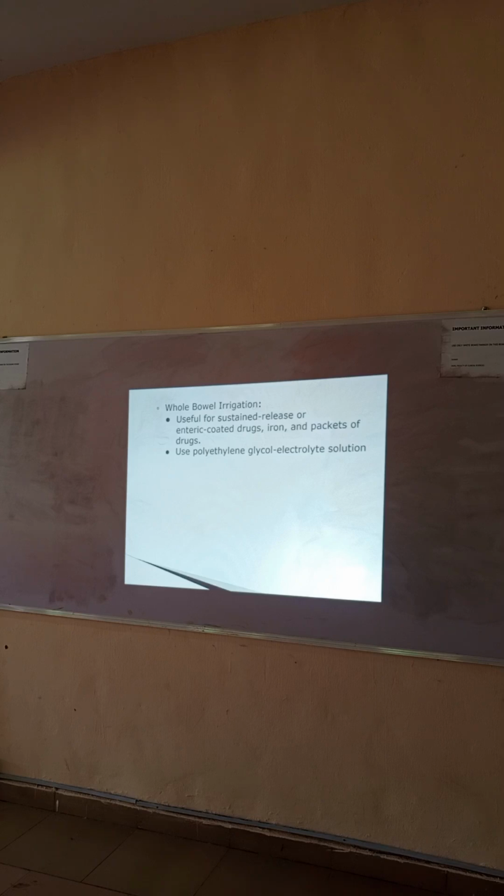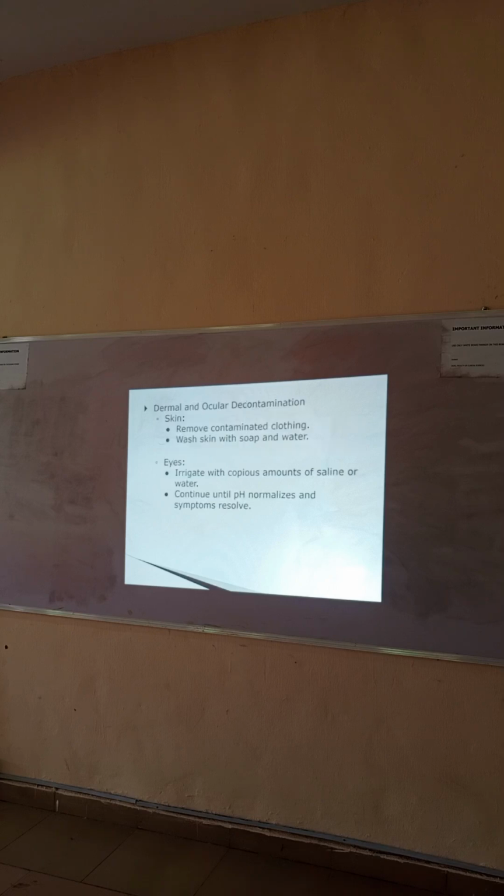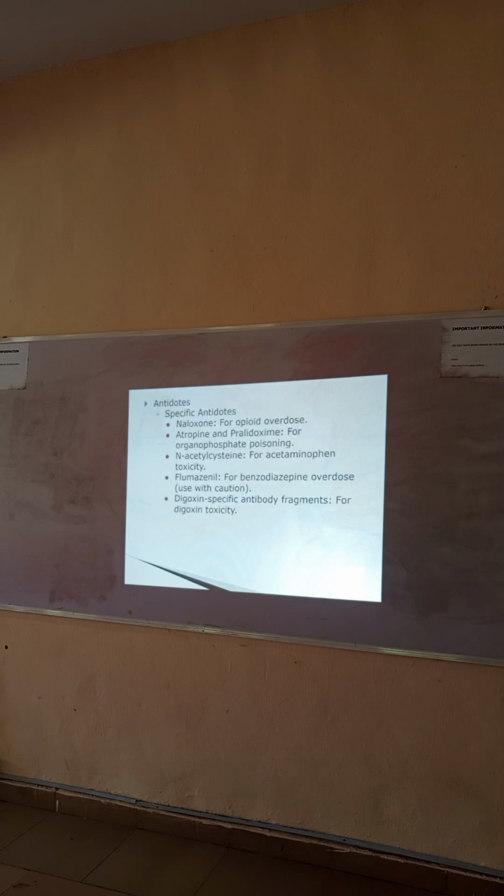So this helps in that. Dermal and ocular decontamination. The toxin can be present in the skin, and can be present in the eyes. For the skin, you remove contaminated clothing, wash skin with soap and water. Eyes: irrigate with copious amount of saline or water. Continue until pH normalizes and symptoms resolve.